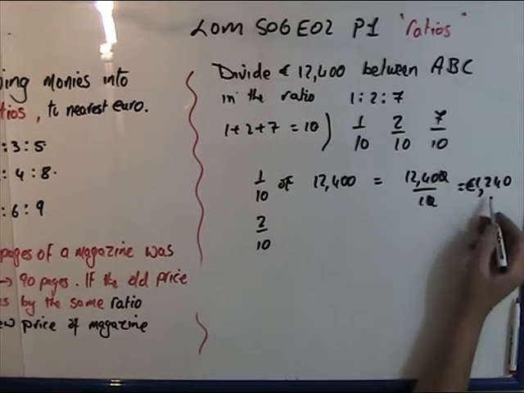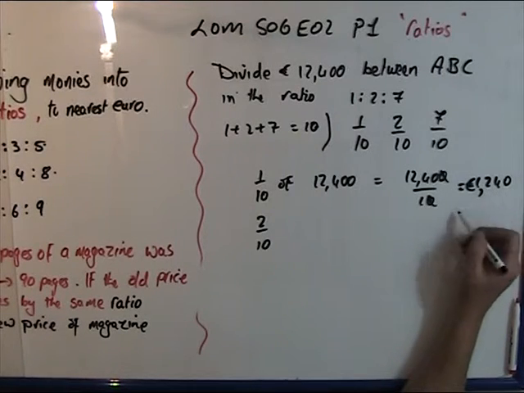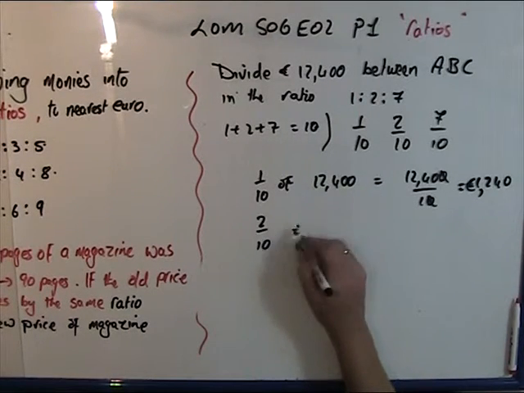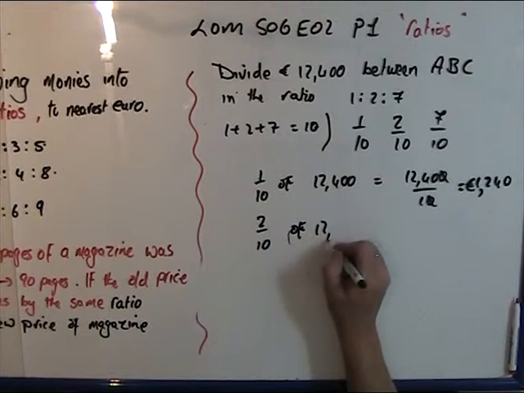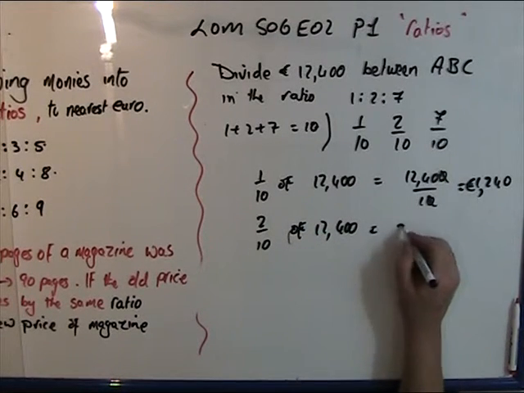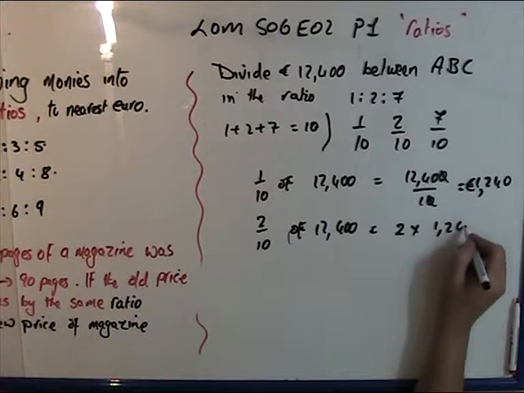And then you have 2/10. You could just multiply that by 2, so 2/10 of 12,400 is equal to twice the 1/10, which is 2,480.